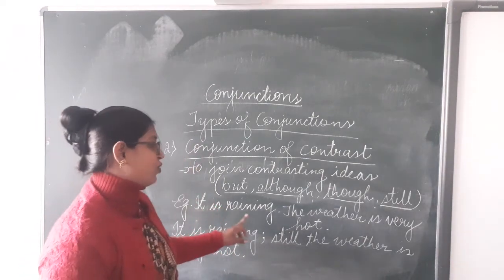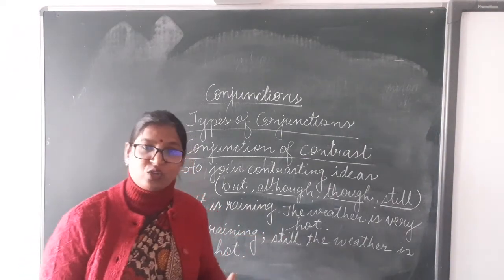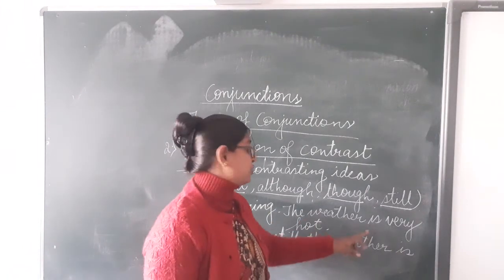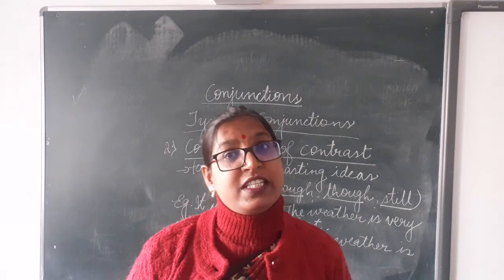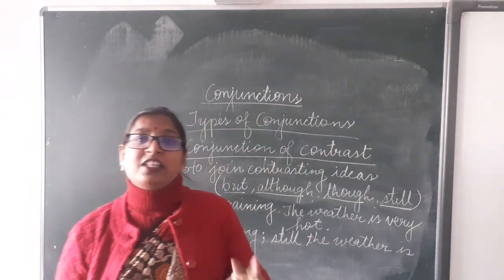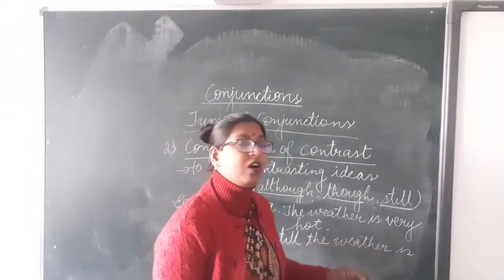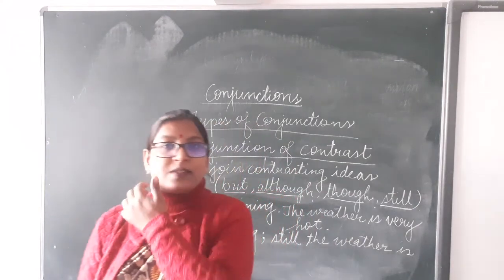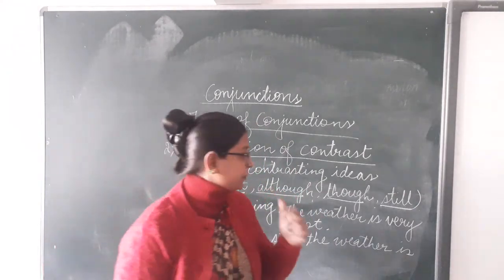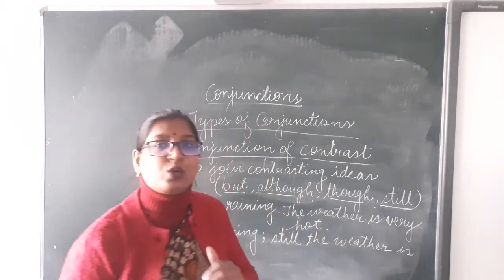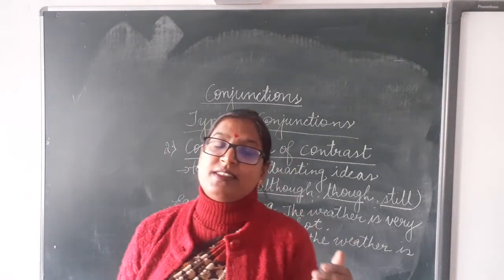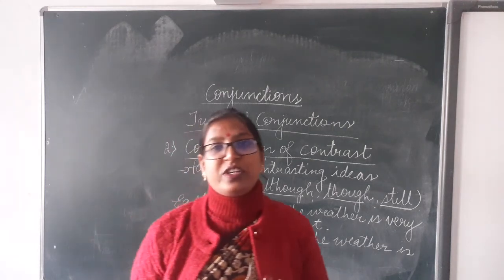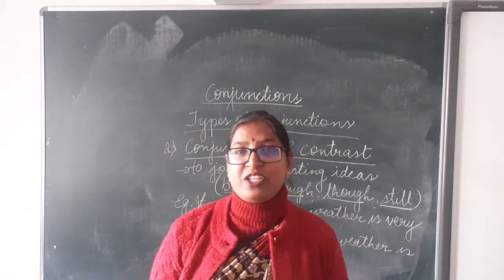Let's try to understand through the example. It is raining. It is the first clause. The weather is very hot. It is the second clause. Dear children, we can see both the sentences are contrasting to each other, different from each other.